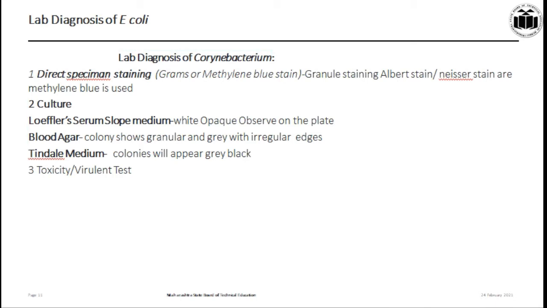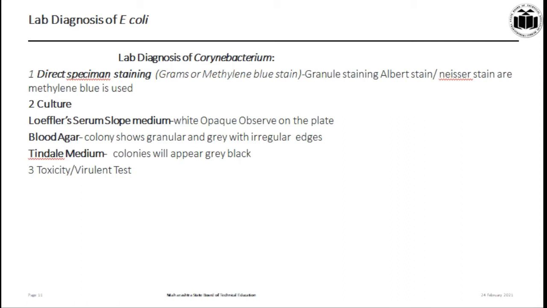For that you can use three media, the first being Loeffler's serum slope media. When the sample is cultured on this media, the colonies will be observed as white in color and opaque in texture. That means it is Corynebacteria.